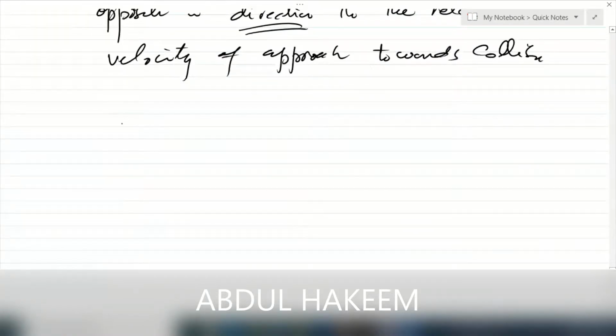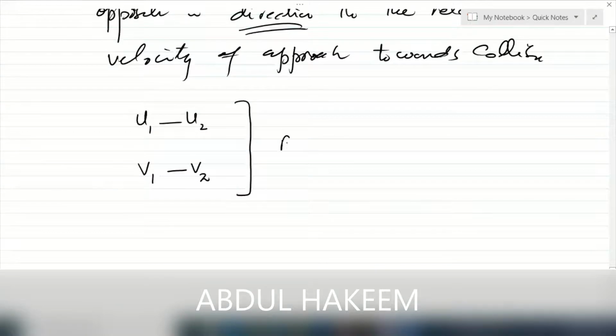Now, the relative velocity of approach is u1 minus u2. And the relative velocity of separation will be similarly v1 minus v2. And according to the statement, relative velocity of separation is equal in magnitude but opposite in direction to the relative velocity of approach.